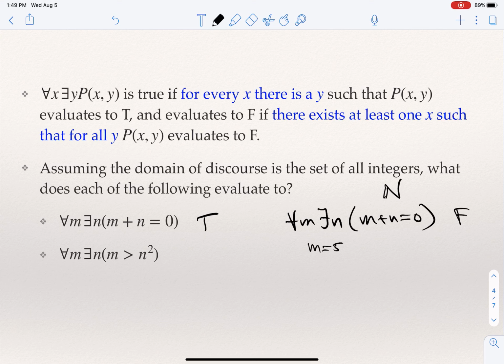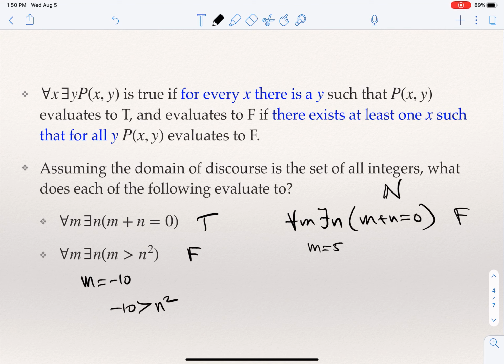So is it true that every integer is greater than a non-negative number? The answer is no, because if you take m to be minus 10, there is no n such that minus 10 is greater than or equal to n squared. N squared, again, is either 0 or a larger number, and minus 10 cannot be greater than that. Therefore, this is false.